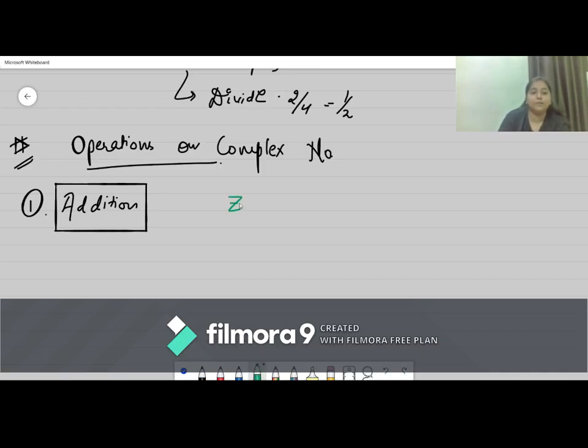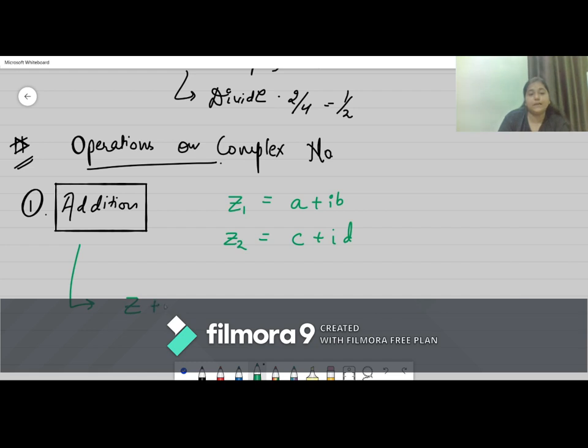हम एक complex number को define करते हैं Z1 जो कि है A plus IB, और एक और complex number लेते हैं Z2 which is equals to C plus ID. ये दो complex numbers हैं. What are we supposed to do? Addition.